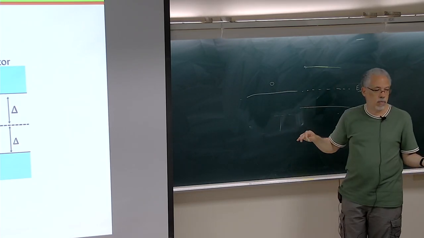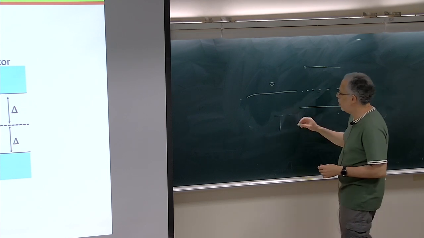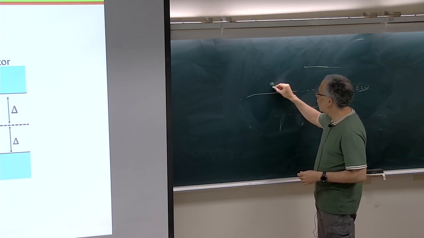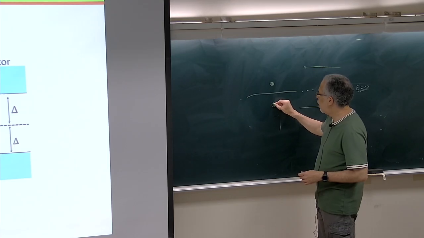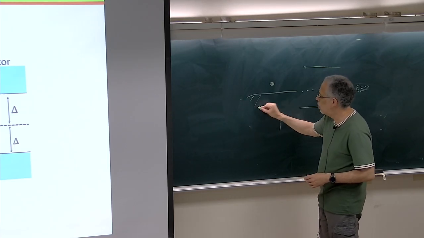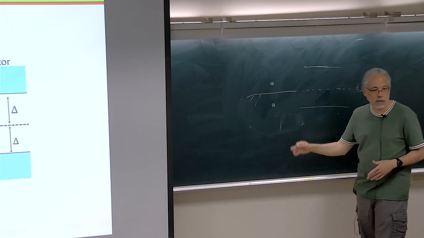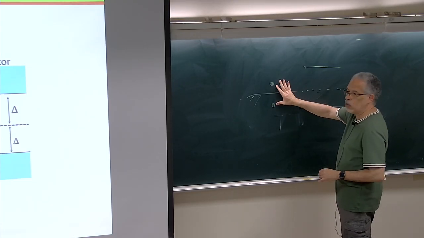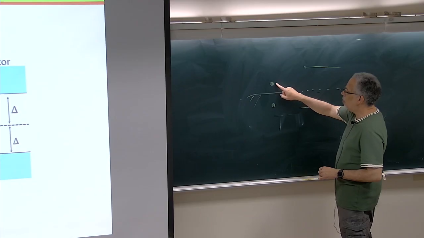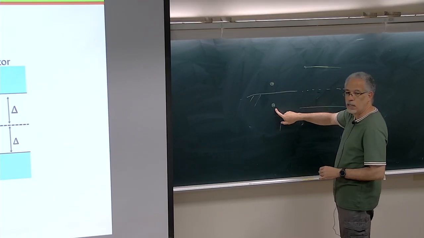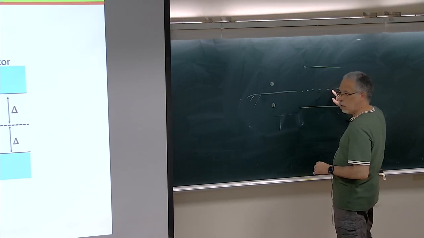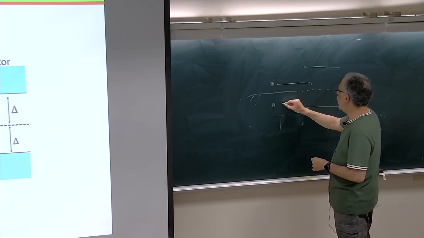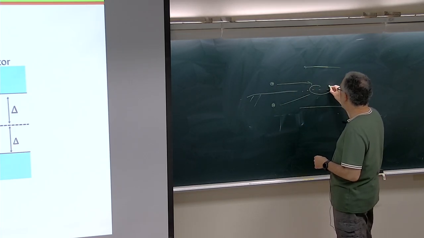There is no state for this electron to go. So imagine that I have here one electron, and I have here another electron, because this is full of electrons, because it's a metal. So one picture is that I will see these two electrons coming. These have positive energy, these have negative energy. So the total energy is zero, so they will go in and form a Cooper pair.